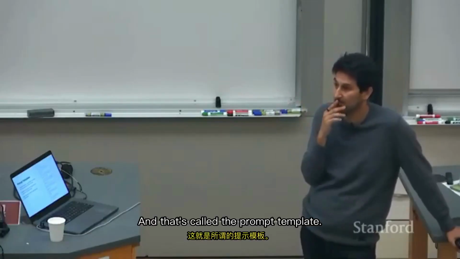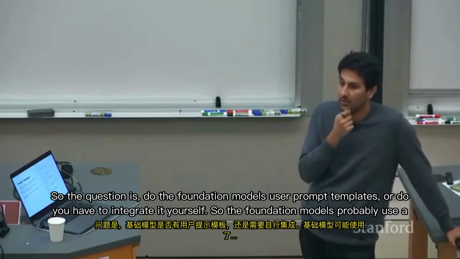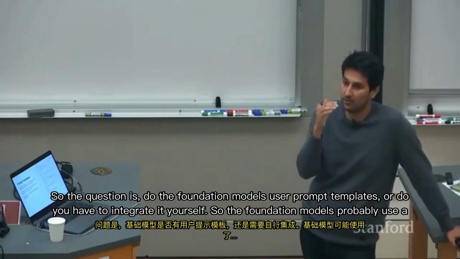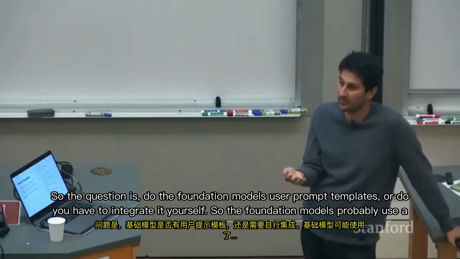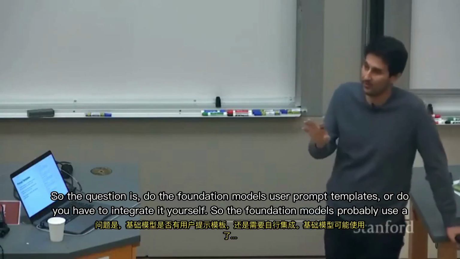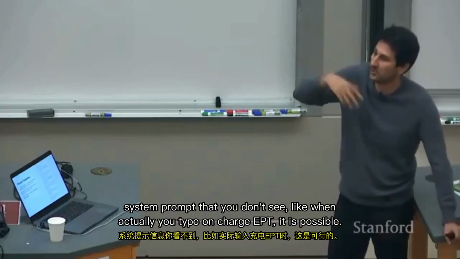Usually foundation models don't use prompt templates, so it's something you have to integrate yourself. So the question is, do the foundation models use a prompt template, or do you have to integrate it yourself? The foundation models probably use a system prompt that you don't see.